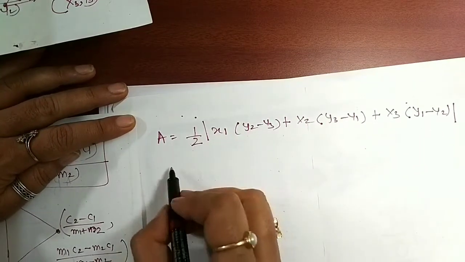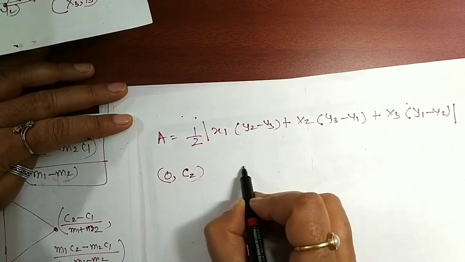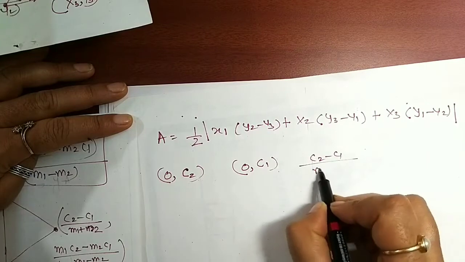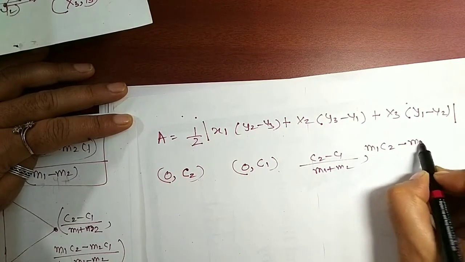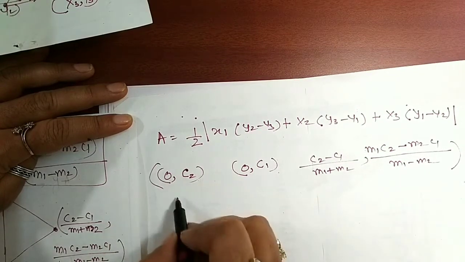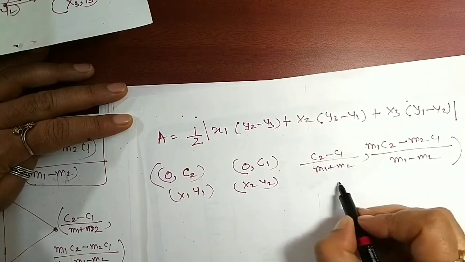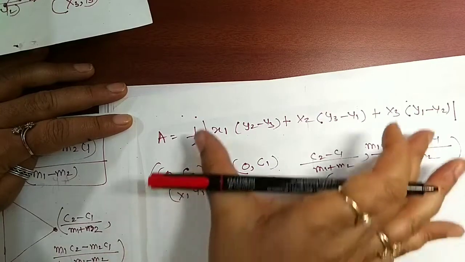Okay, and points are 0, c2, 0, c1, c2 minus c1 by m1 minus m2, and m1c2 minus m2c1 by m1 minus m2. Okay, so this is x1 y1, this is x2 y2, and this is x3 y3. Okay, now I will put it here.